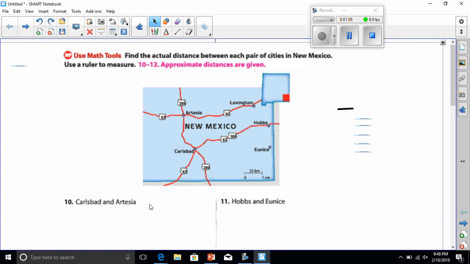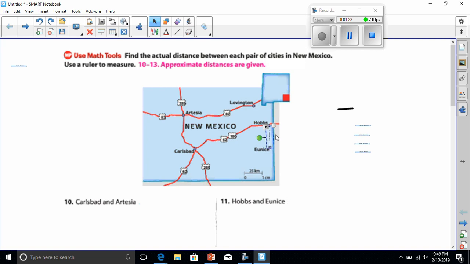We got Carlsbad. I don't do the evens, I'm doing odds. Hobbs to Unix. Well, Hobbs is here, and Unix is here. So let's take this one here and move it over. And we put one in there. We're going to want to turn it. Probably like that.